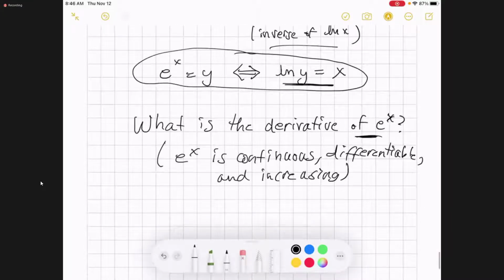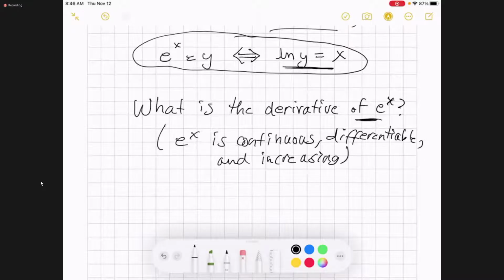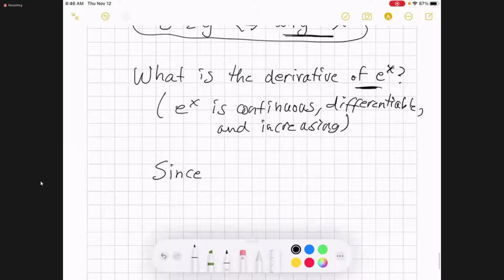And I can use the fact that e to the x is y is the same thing as saying that ln of y is x. I'm going to differentiate implicitly here, okay?